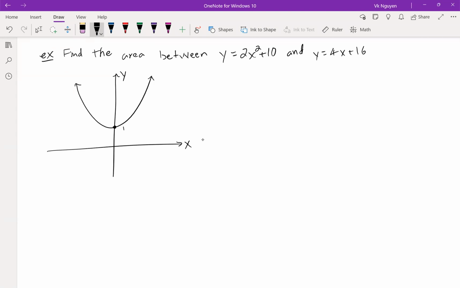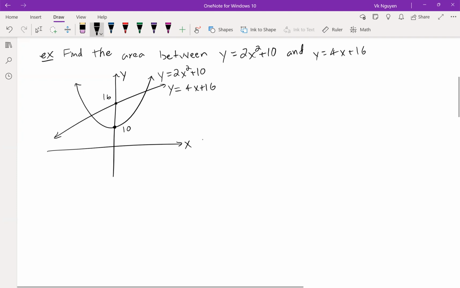There's the number 10 right here, y equals 2x squared plus 10. The straight line is gonna go like this because it has a positive slope. So this is y equals 4x plus 16, and this number is 16. The area between the two curves is this area.